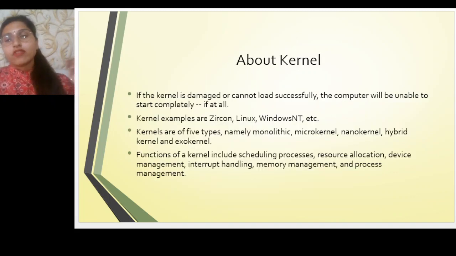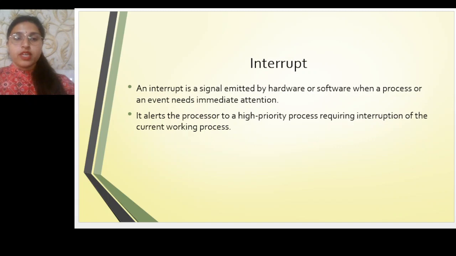If there is some kind of damage in loading of the kernel, your system is going to fail. Examples of the kernel are Xeon, Linux, Windows NT, and many more. Types of kernel are monolithic, microkernel, nanokernel, hybrid kernel, and exokernel.